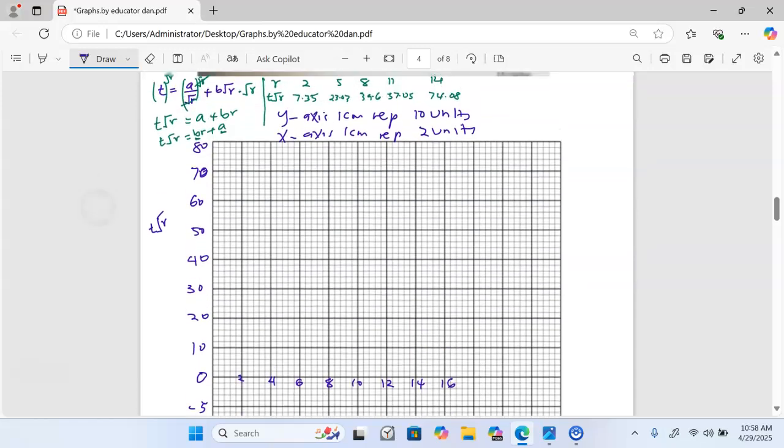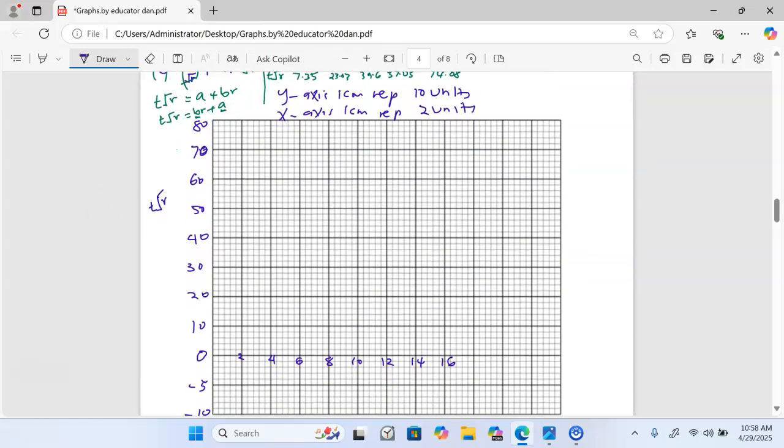When the value of R is 2, the other one is 7.5. Remember, one small box is 2. If you take 10 divided by 5, you are going to have 2, 2, 2.